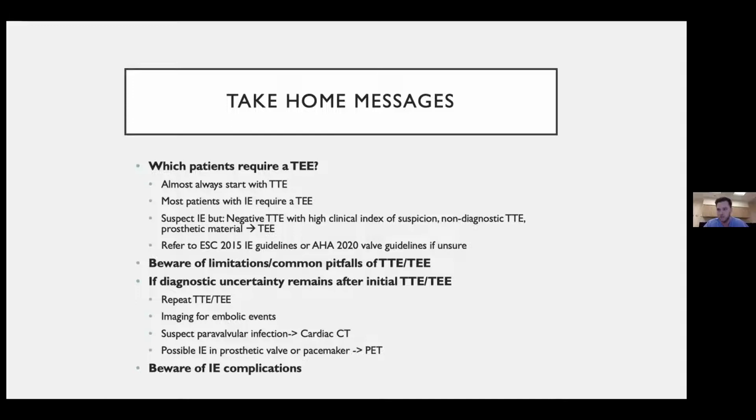CT is extremely useful if we're suspecting paravalvular infection. PET scan can be useful in the context of prosthetic valves or pacemaker ICD pocket infections. And finally, keep the endocarditis complications in mind when reading the TTEs and keep a high index of suspicion.